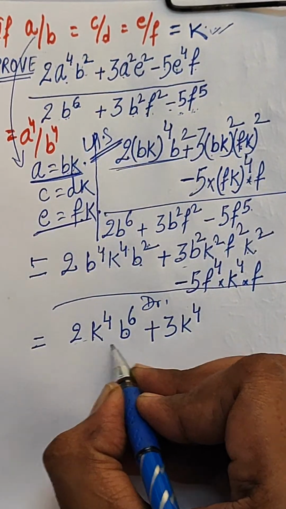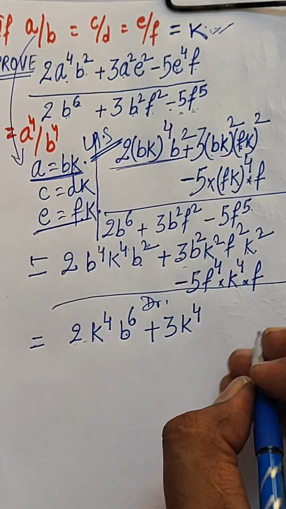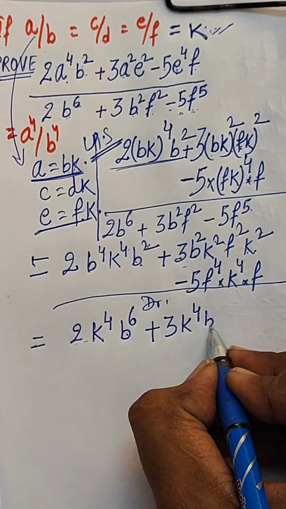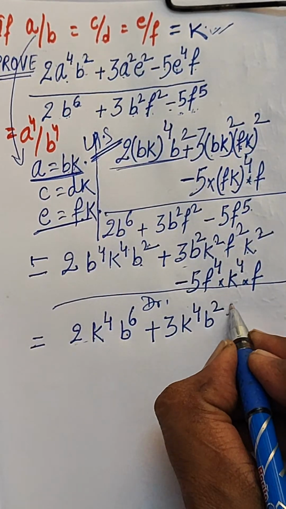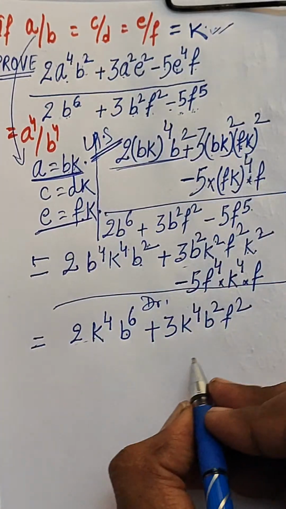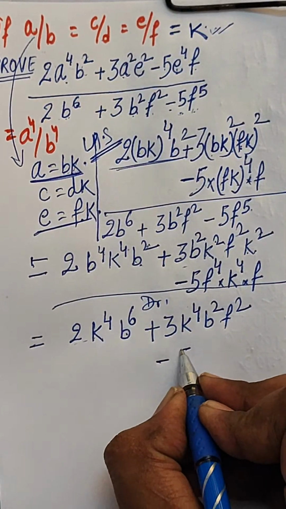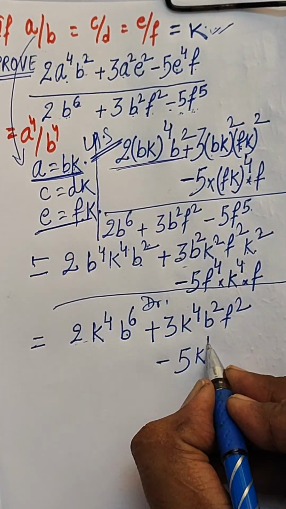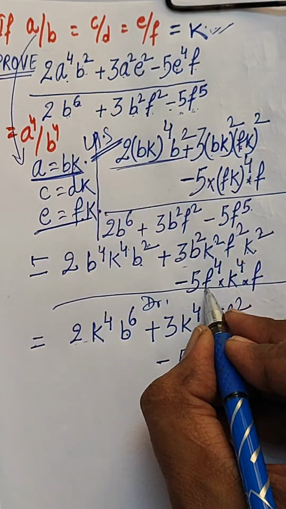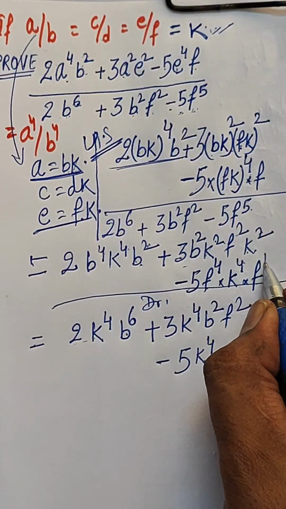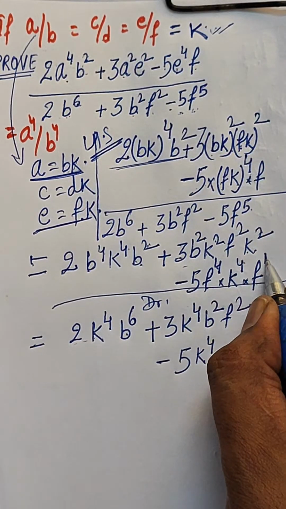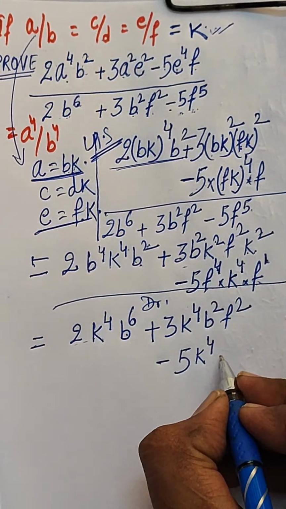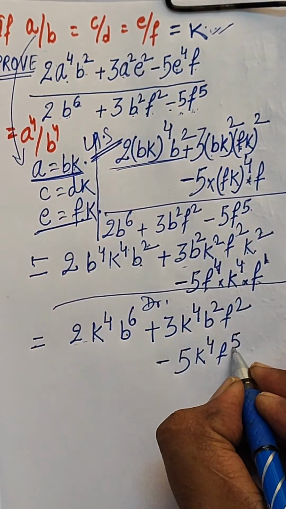You can see k^4 is coming, which can be taken as common going forward, and b^2 f^2. Minus 5 times k^4. Again here we have the same base f. If nothing is written, its power is 1. So 4 plus 1 will be added when the bases are the same, exponents add. So this will give you f^5.